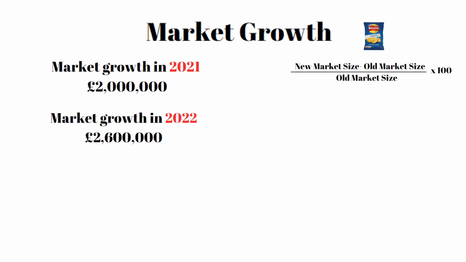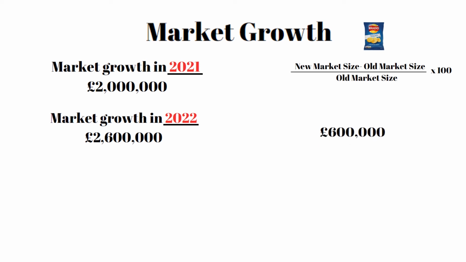So, new market size minus old market size divided by old market size times by 100. So the new market size is the figure from 2022, which is 2,600,000, and the old market size would be 2 million. So what you need to do is you have to calculate the change there. So the change is £600,000.